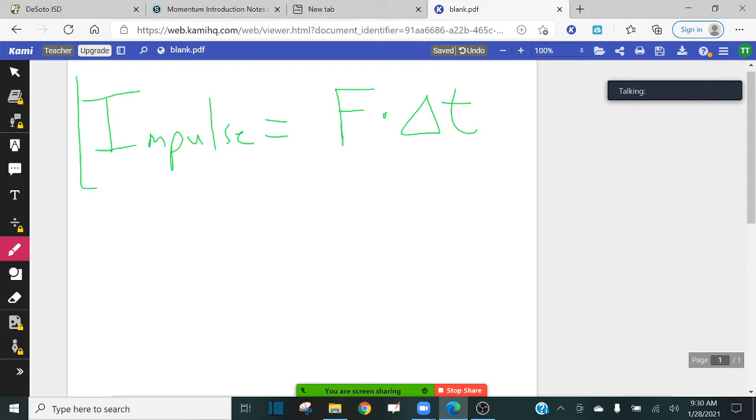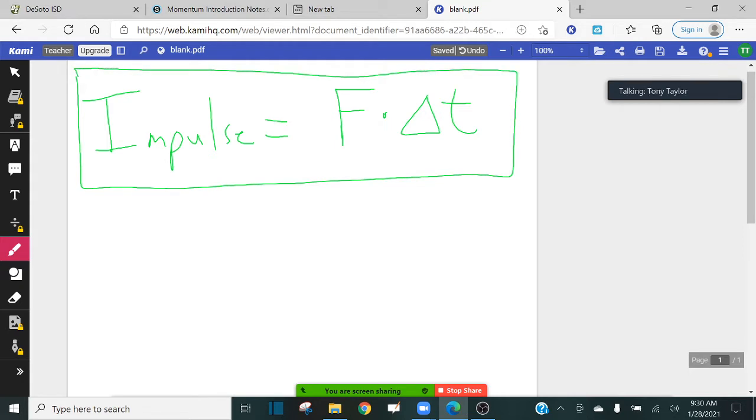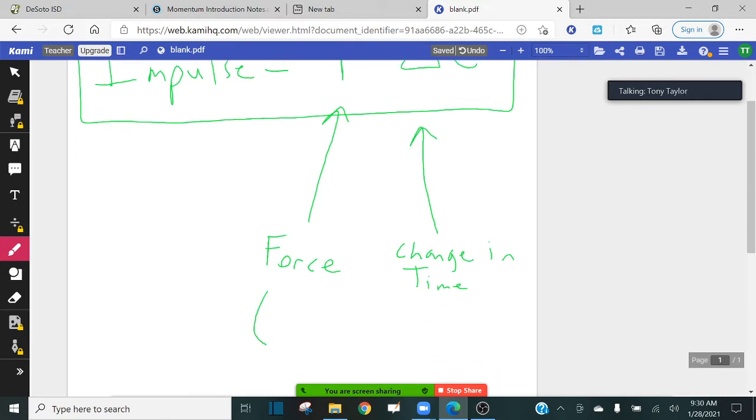Right? So this is another equation that we're going to use in this unit, and that is the equation for impulse. F stands for force, delta t stands for change in time, and just so we're clear, everybody should know that the units for force are newtons, and the units for time are seconds.